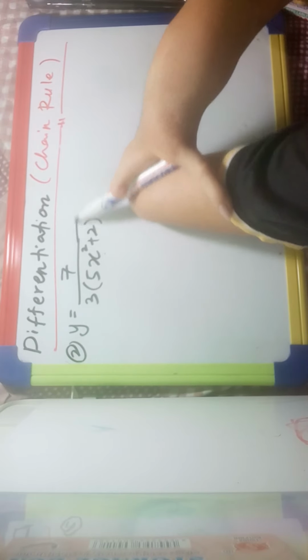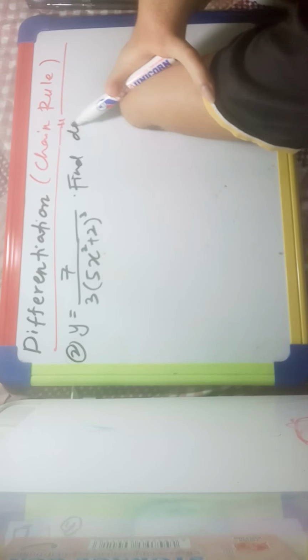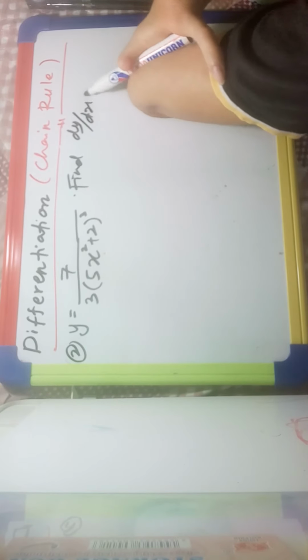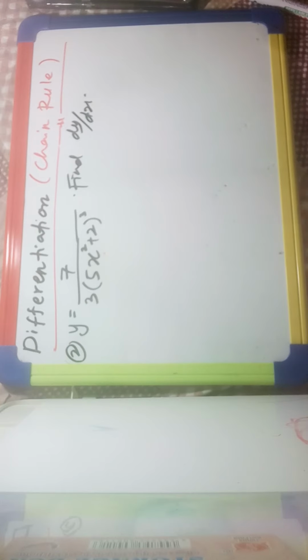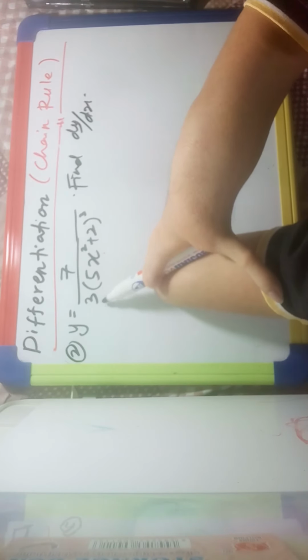Find dy over dx. If you compare example number 2 with example number 1 just now, in example number 1 I don't have this constant for the denominator.